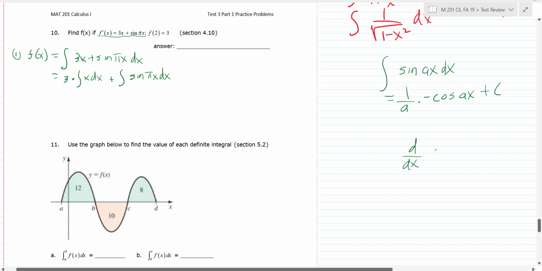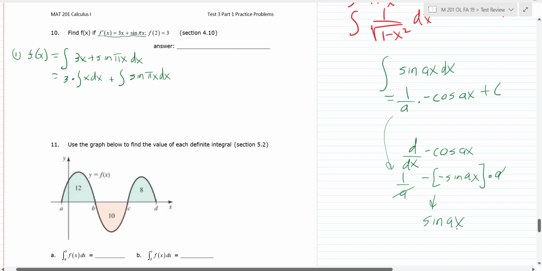If you do the derivative of a negative cosine of ax, you would get negative sine ax times a. And the reason you have that 1 over a is that it'll cancel out, and then you're back to sine of ax.